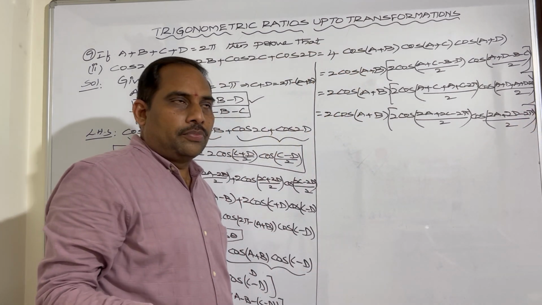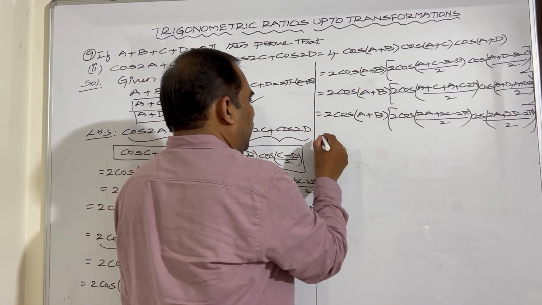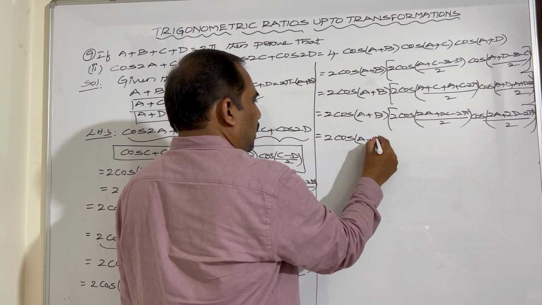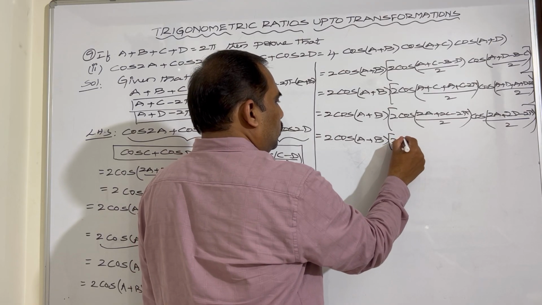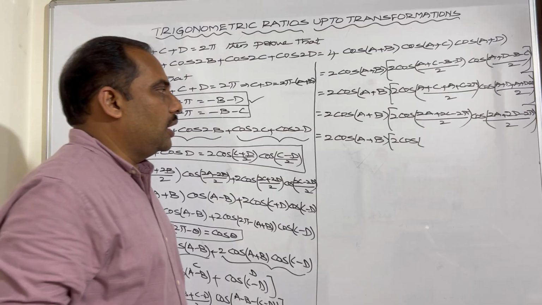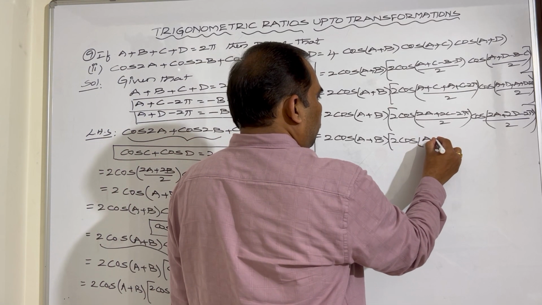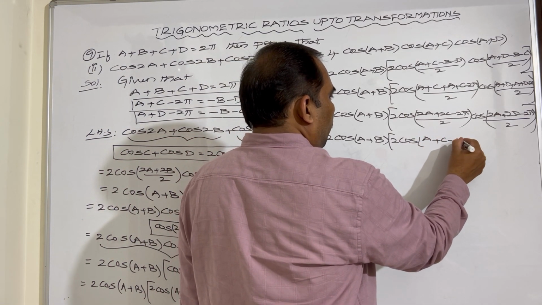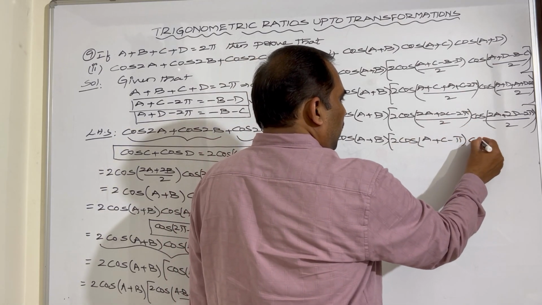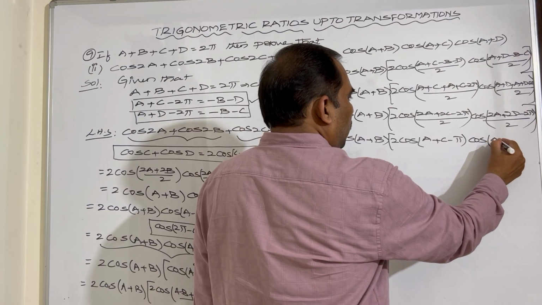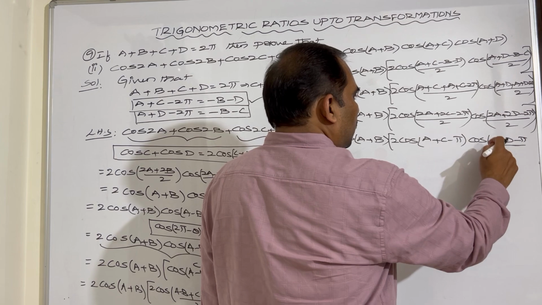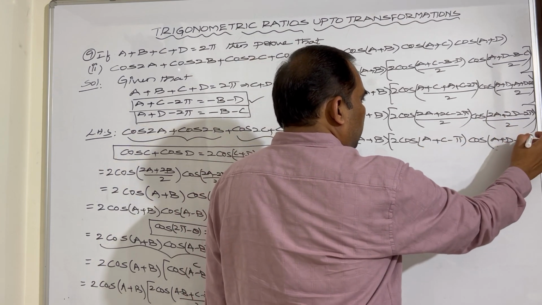So we get 2 into cos of a plus b as it is, into 2 into cos of, if you take 2 common in the numerator, a plus c minus pi, and in the numerator and denominator 2 gets cancelled, and again cos of a plus d minus pi.